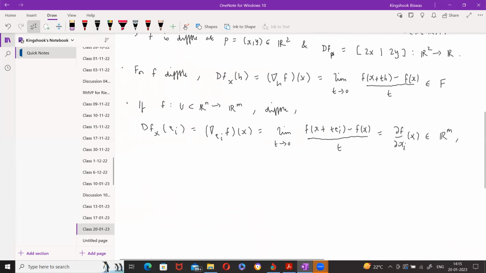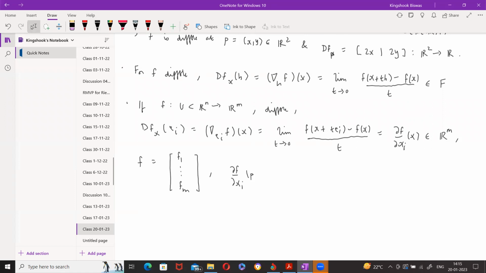So if f is given by a column vector of functions, f1 up to fm, then it's easy to see that del f del x_i is a vector in R^m.